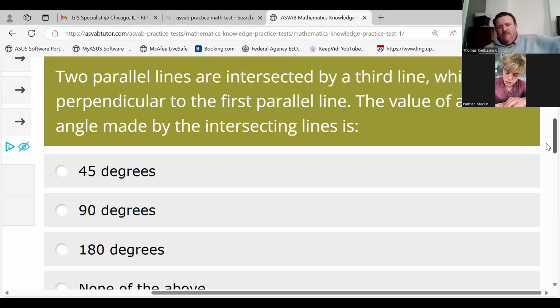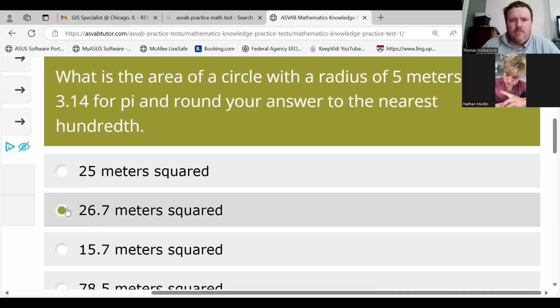So two lines are sideways. It's intersected by a third line, which is perpendicular, so straight up and down, to the first parallel line. I'm gonna go with 90 degrees. Doesn't make any sense to me, but go with it.